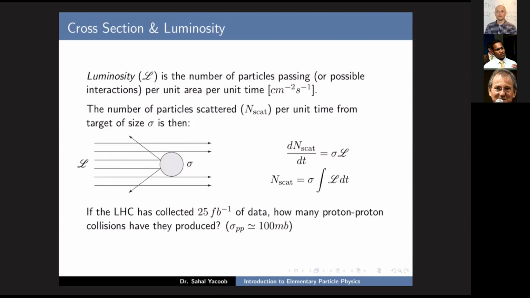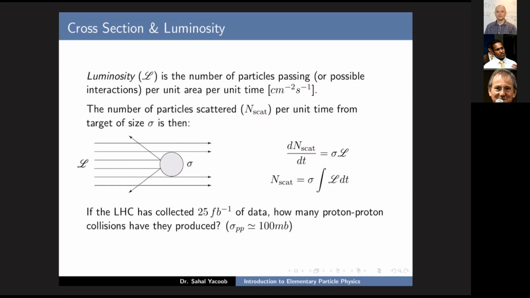So what's important here and might be confusing is the luminosity tells us the number of possible interactions, things that can happen, right? If we think about it in terms of statistics, it's the number of coin flips. The cross section is something that is defined for a particular process.